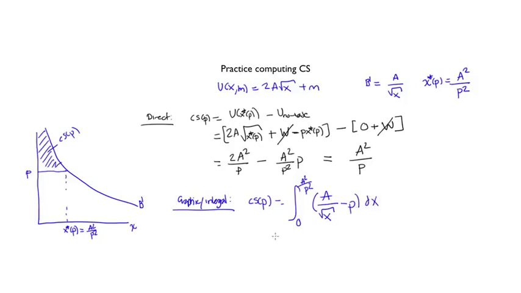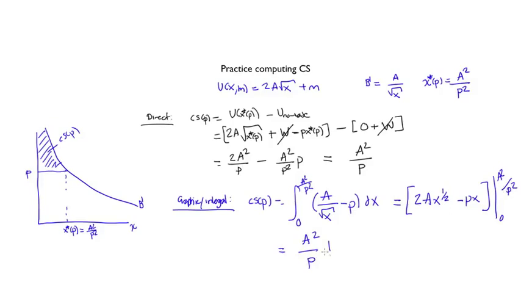Now this is equal to, if you solve the integral, which I am just going to write the solution for you, 2a x to the 1/2 minus px evaluated between 0 and a squared over p squared. If you do the substitution, you get that this is equal to a squared over p again.